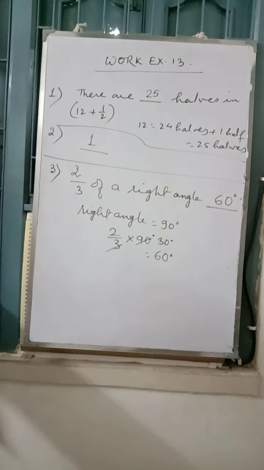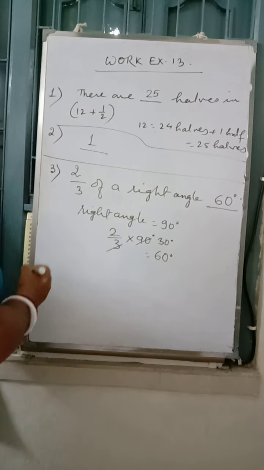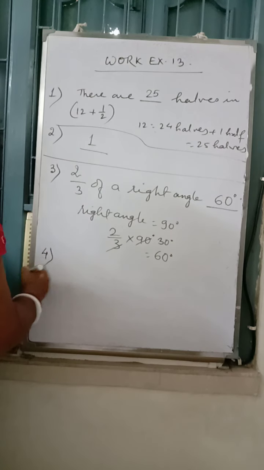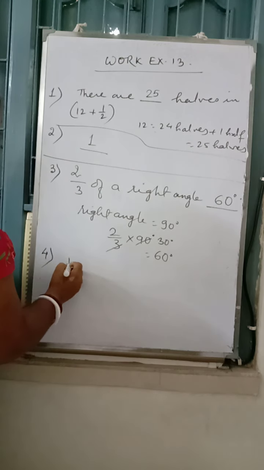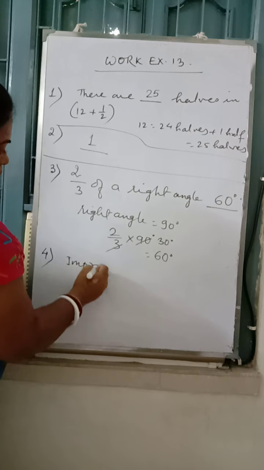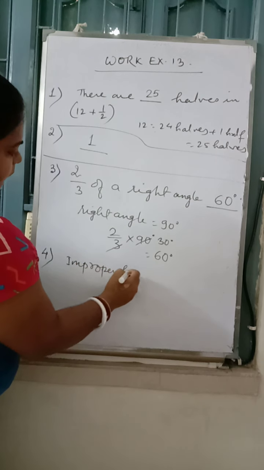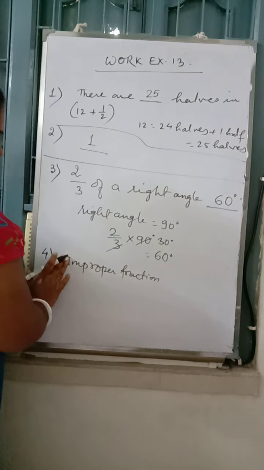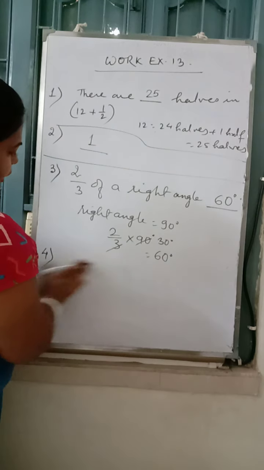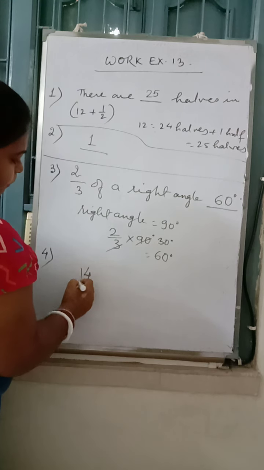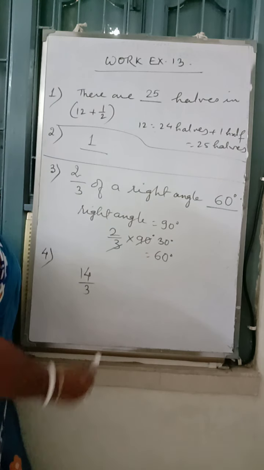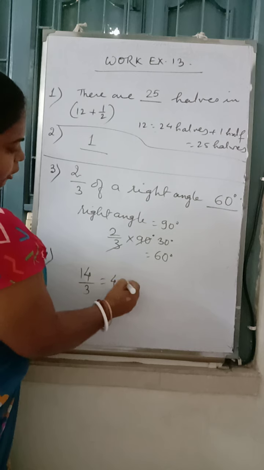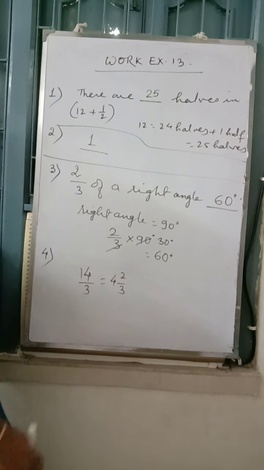Number 4, it says the reciprocal of a mixed fraction is always. Now, an improper fraction is converted into a mixed fraction. Just as an example, 14 by 3 is an improper fraction that we can convert into a mixed fraction. It will be 4 whole 2 by 3.